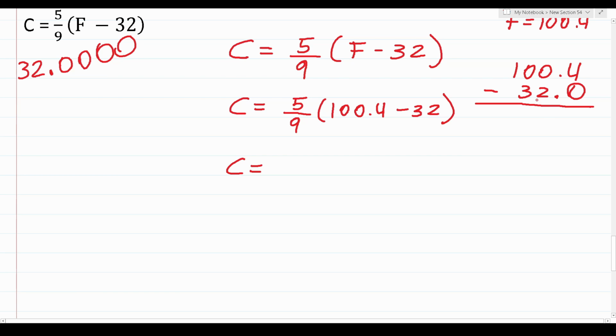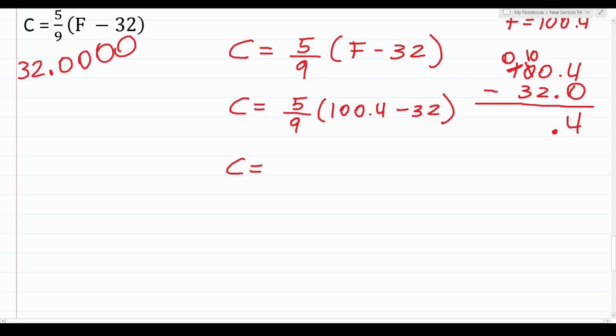So with that done, let's go ahead and work this out. We have 4 minus 0, which is just 4. Drop down your decimal in place. 0 minus 2 we can't do. We have to borrow, but we can't borrow from this because it's 0. So we're going to have to come all the way over here and borrow from that 1. This becomes 0 now, and this becomes 10.